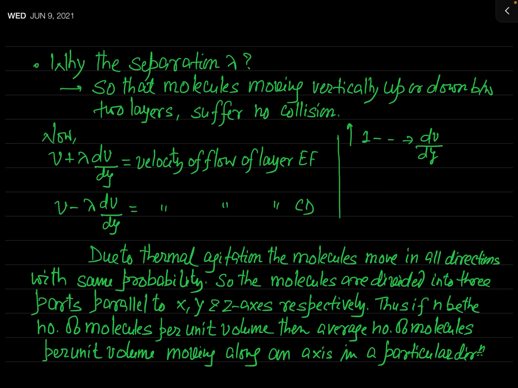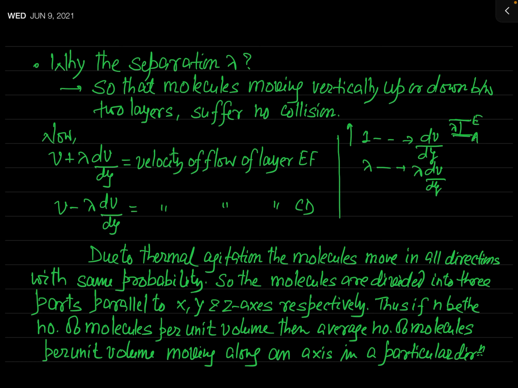And the distance between layer EF and layer AB, I have only written A and E, but this is layer AB and this is layer EF, is lambda. So with increase in distance by unity, the increase in velocity is dv by dy. So when the distance increases by lambda, what will be the increment in velocity? By the unitary method of mathematics, you can easily say this will be lambda dv by dy.